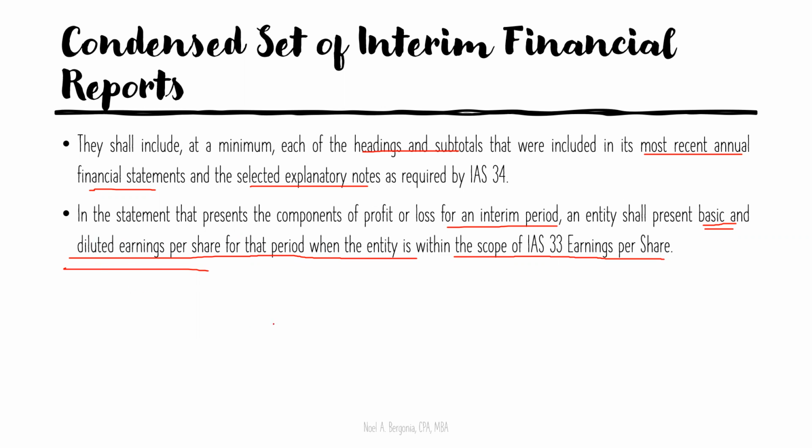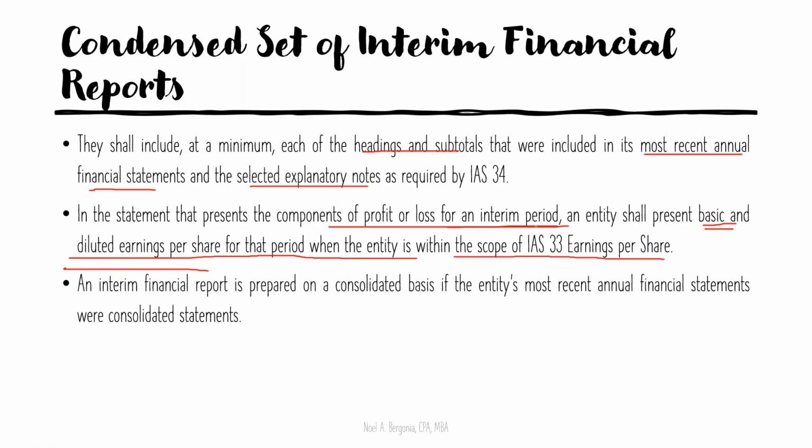Okay, so may pinagkaiba po yung basic at saka diluted. So ang point lang natin dito sa interim financial report, whenever you're going to present the basic and diluted earnings per share in accordance with IAS number 33, it shall present it in line with the profit or loss for the interim periods po natin. Okay? And also, if the interim financial report that we are providing is on a consolidated basis, it should be based on the most recent annual financial statement where it is being consolidated.